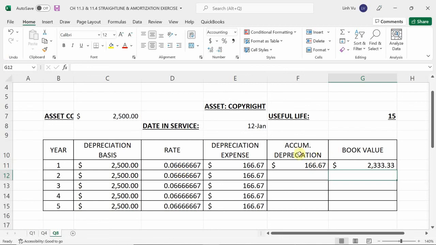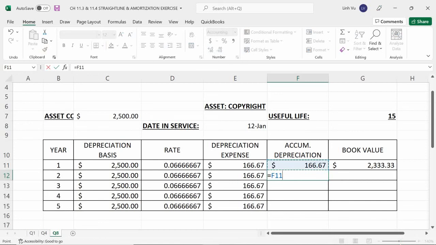So now, previous year 166.67, add 166.67, gives us 333.34.